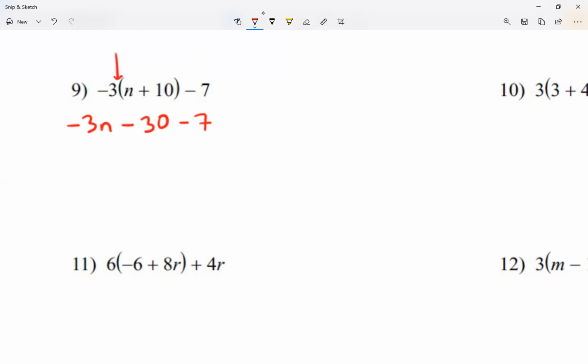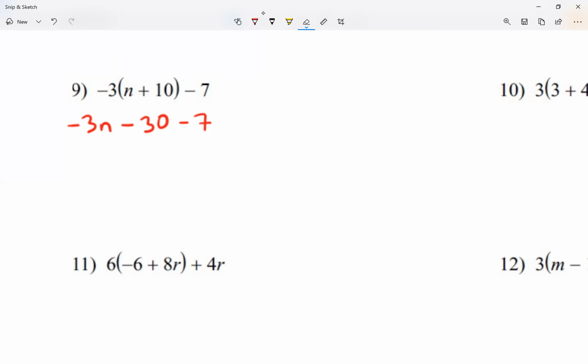They're just actually put together. That's how I know I'm going to multiply the -3 to the inside. Now the 7, I don't multiply the 7 to the parentheses because there is a minus sign in between them, right? There's something in between the parentheses and the number. So that's why I don't multiply the 7 to the inside.